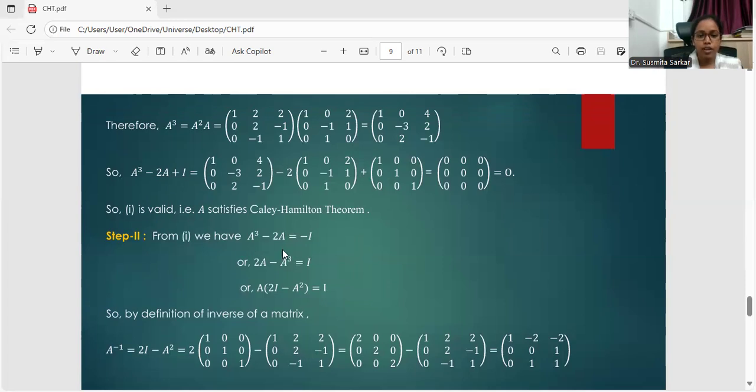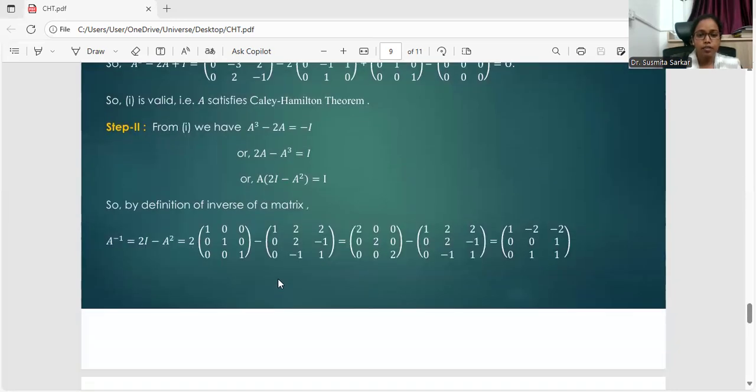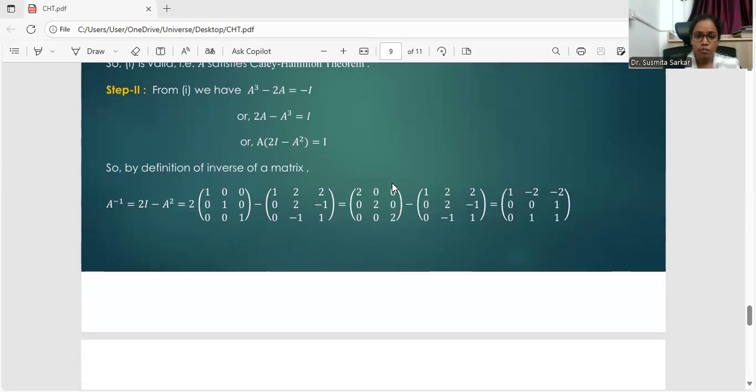Now, A³ − 2A is −I, and here A is common, so A into 2I − A² equals I. Therefore, A inverse is 2I − A². Now, putting the values of I₃ and A², we get A inverse is 1, −2, −2, 0, 0, 1 and 0, 1, 1. Therefore, by using the Cayley-Hamilton theorem, we can easily find the inverse of a square matrix.